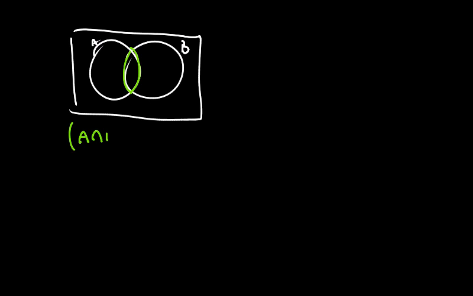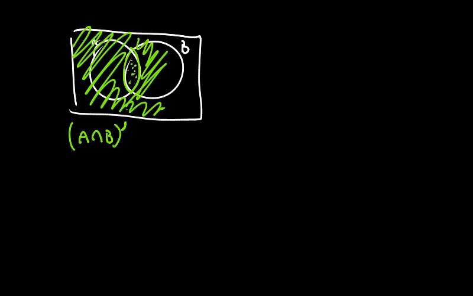So this is A intersect B, and everything in here would be A intersect B. I want not A intersect B. So instead of shading inside, I'm going to come out here and shade everything that is outside of A intersect B. It's just going to be this entire area of the universal set with the exception of this area, A intersect B.